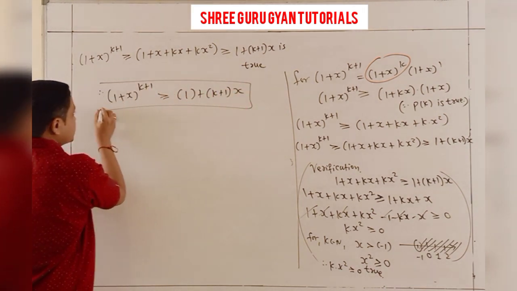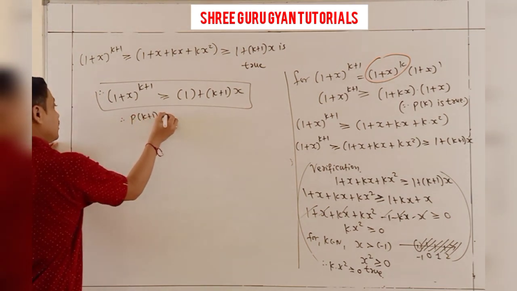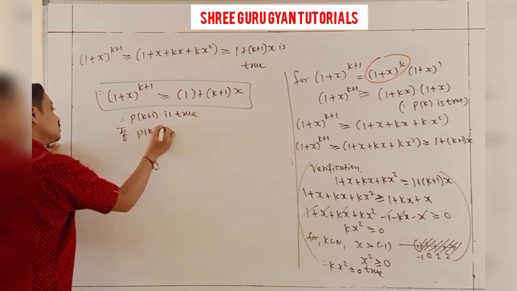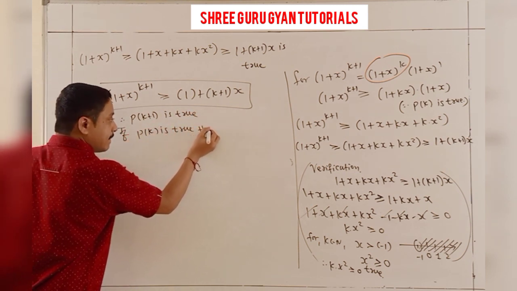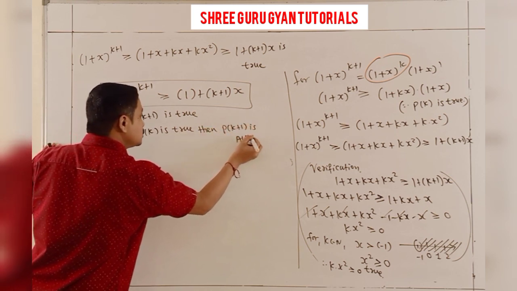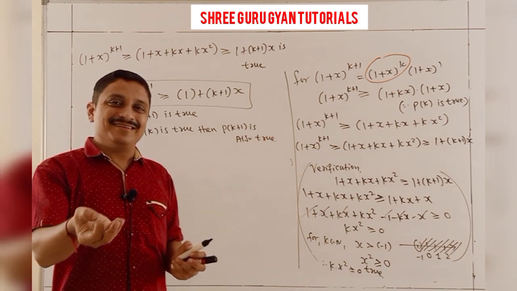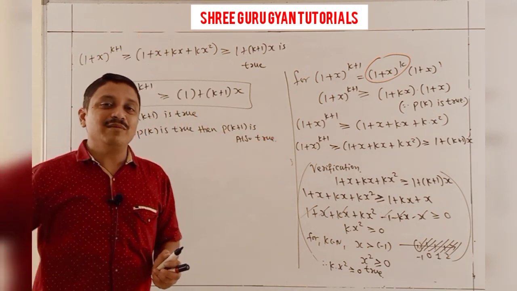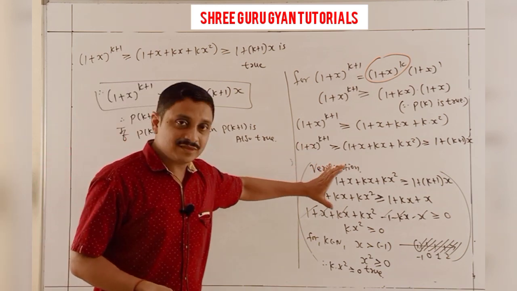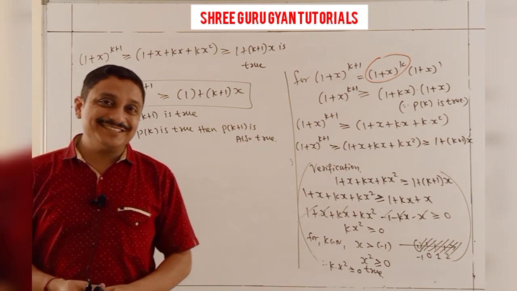And that is your step 3 proving. Therefore, P of k plus 1 is true. So last write down: if P(k) is true, then P of k plus 1 is also true. Last write down as usual by PMI, P(n) is true for arbitrary n belongs to natural numbers. The main step is this one only. Yes students, this example is over. Now I am going ahead to the next one.